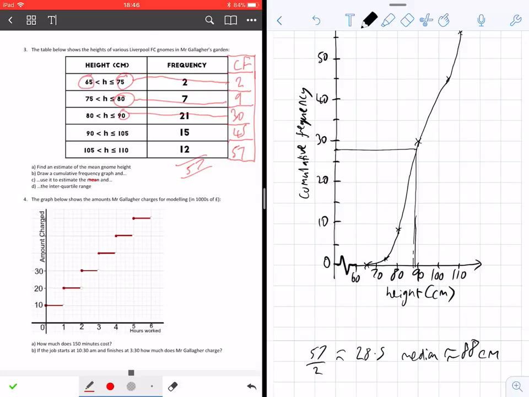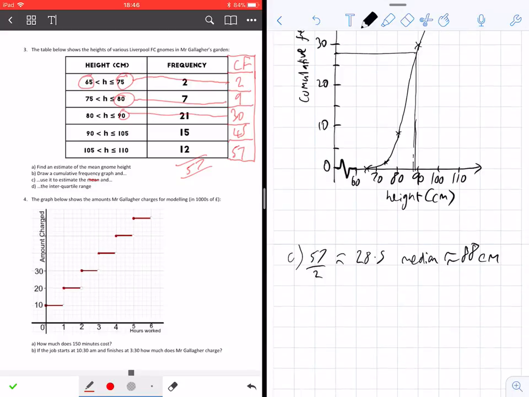Again, units. Now for the interquartile range, I'm going to repeat a kind of similar activity. I'm going to find the lower quartile and the upper quartile. For the lower quartile, I need to know what 57 over 4 is. So what's that, 14.25. I know what 3 lots of 3/4 of 57 is, which I guess is 42.75.